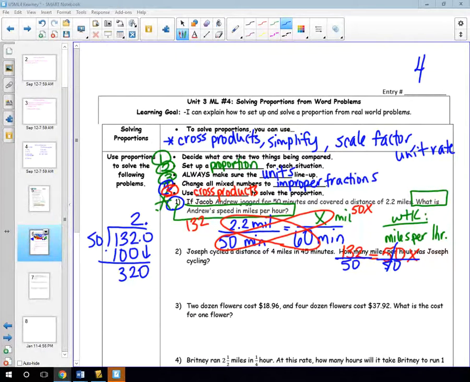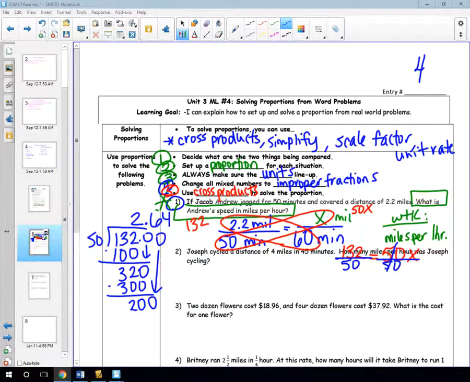How many times does 50 go into 320? So think about how many times 50 goes into 300. It goes in there 6 times. So 50 times 6 is 300. So 320 minus 300 is 20. Bring down a 0. And how many times does 50 go into 200?